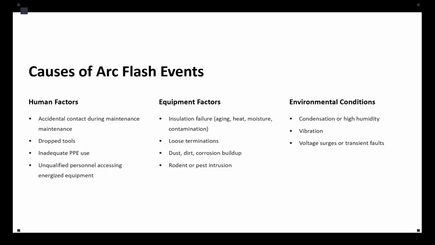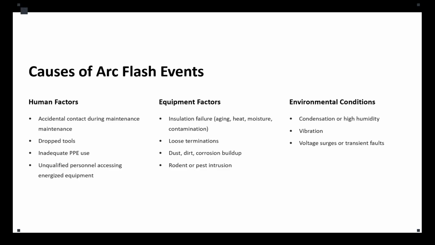Now, we said that environmental conditions are also a factor that could cause an arc flash. One of the most critical ones is condensation or high humidity. Moisture reduces the surface resistance of the insulation material and can form conductive films on its surface.